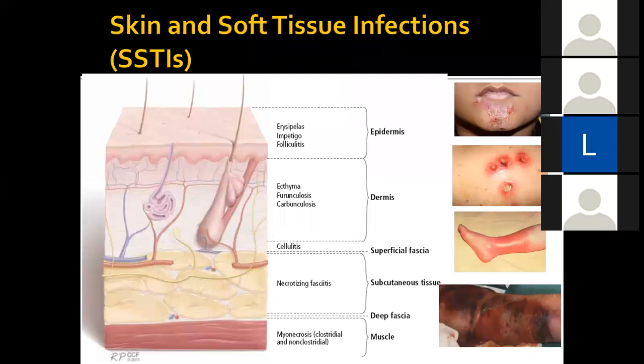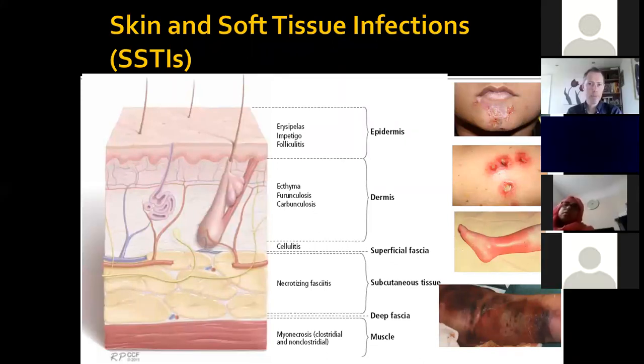So if they're infecting the epidermis, we have erysipelas, which is a form of very superficial cellulitis, you might say. Impetigo, which I think you'll be very familiar with from working with children, and folliculitis, which you probably also have seen quite frequently.